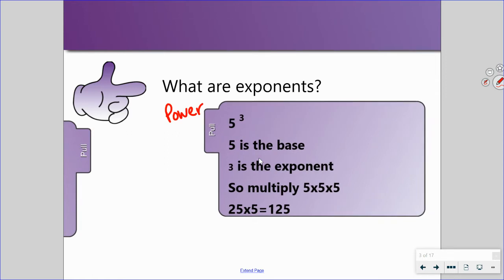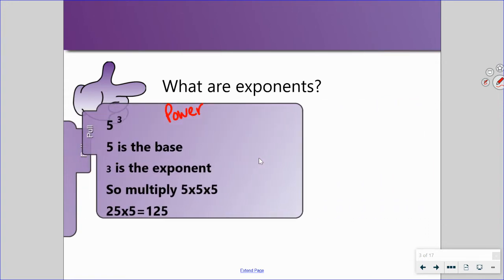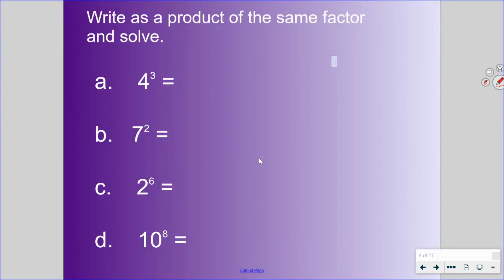In this case, 5 to the third power, 5 is the base, it is the repeated factor. 3 is the exponent, it tells you how many times that factor is repeated. So in this case, 5 to the third power, 5 times 5 times 5, 5 times 5 is 25, 25 times another 5 is 125. You should have already seen most of that in previous years.